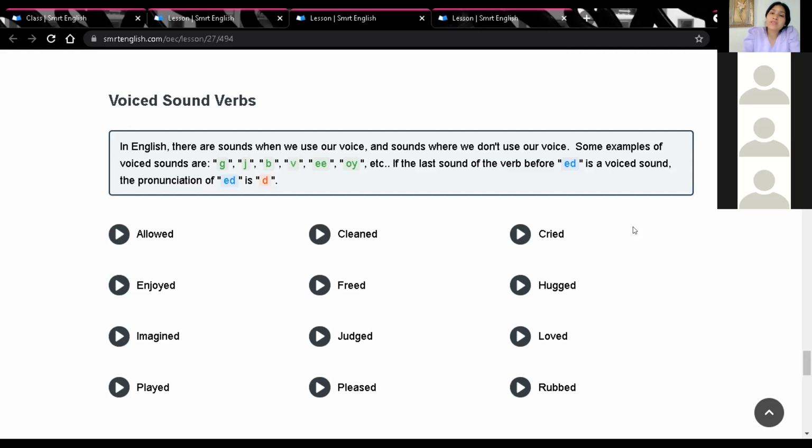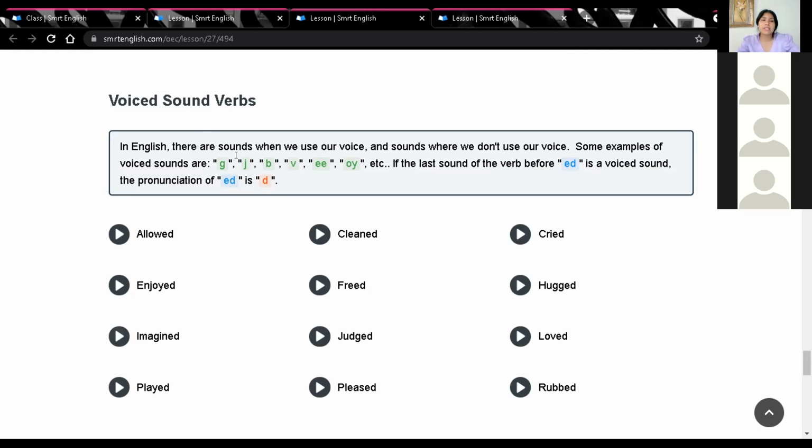If the last sound of the verb before ed is a voiced sound, the pronunciation of ed is going to be D. For example, allowed, enjoyed, imagined. They are very similar to the T or the D. The difference is that the D is kind of softer, and the T is definitely stronger, right?